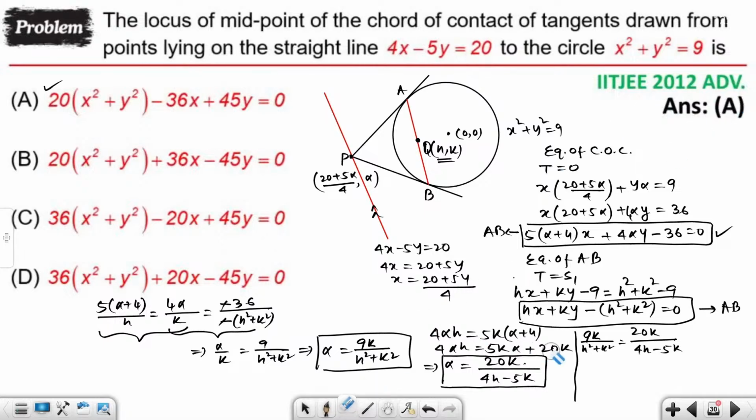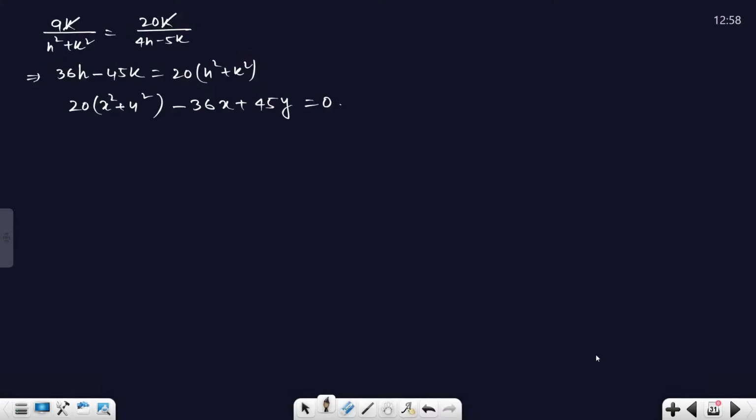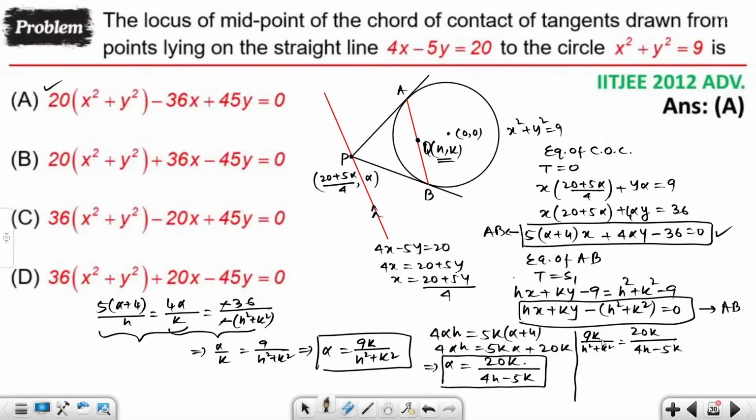Yes. So what have we done so far? You see, I'm using the same conception here. I'm trying to write the equation of a line in two different ways, and I'm simply comparing their coefficients to get the values of the unknowns. That's it. In this question, the equation of the line AB is not given.